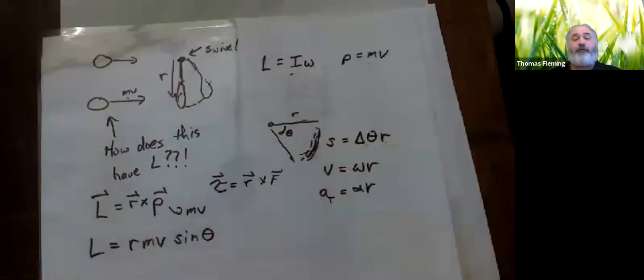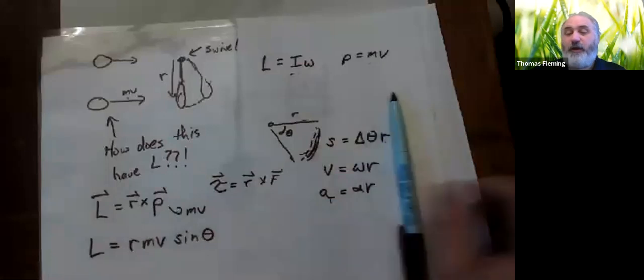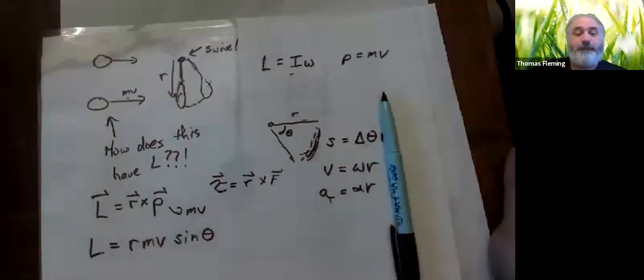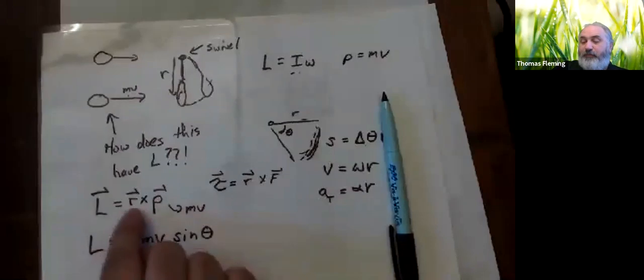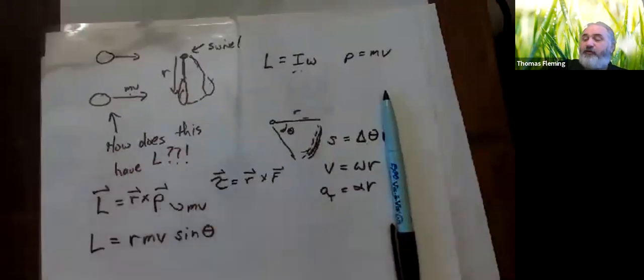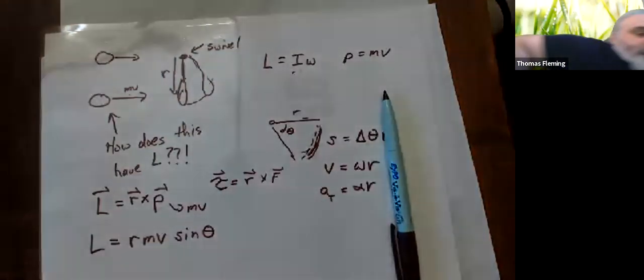And I can even figure out the direction of my angular momentum, because for that I have to use the right-hand rule. To remind you of the right-hand rule, you take your right hand and stick your fingers in the direction of the first vector. Notice I wrote R times P, not the other way around. So I'm going to start with my fingers pointing down.